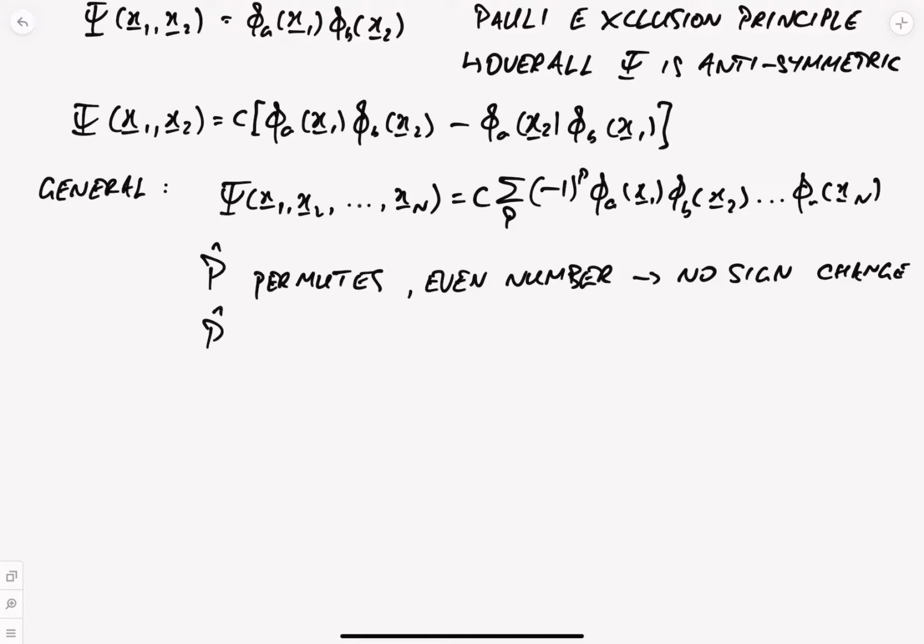It's important to notice that p commutes with the Hamiltonian. So that's a simple statement of what's happening in terms of the many-body wave function.